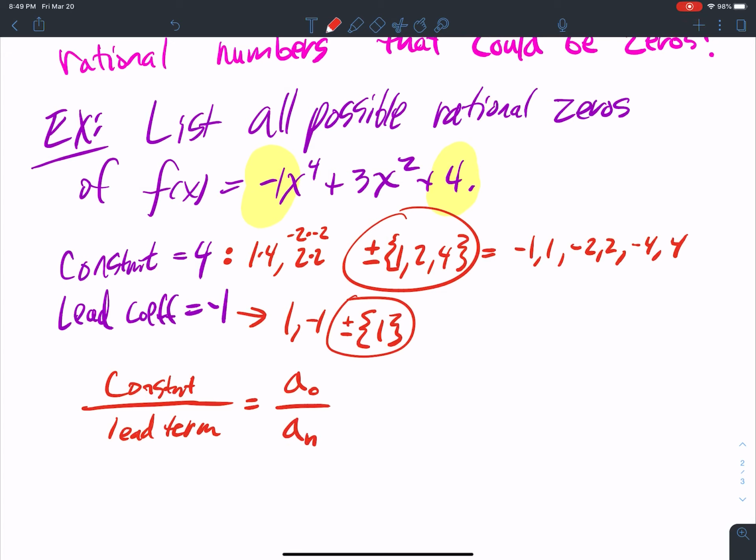The way I remember it, I think of, say I've got this function like, I don't know, 4x to the 5 plus 2x squared minus 11, okay?